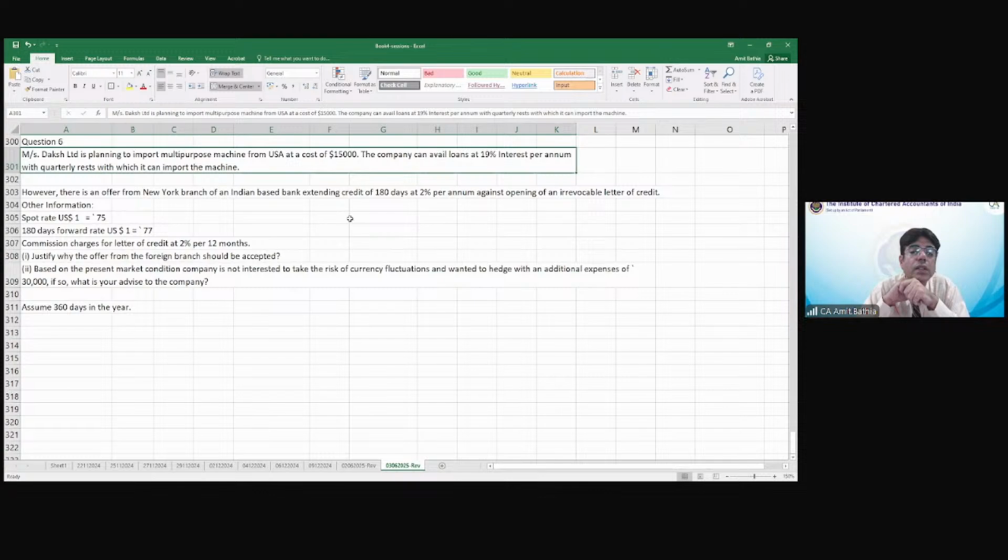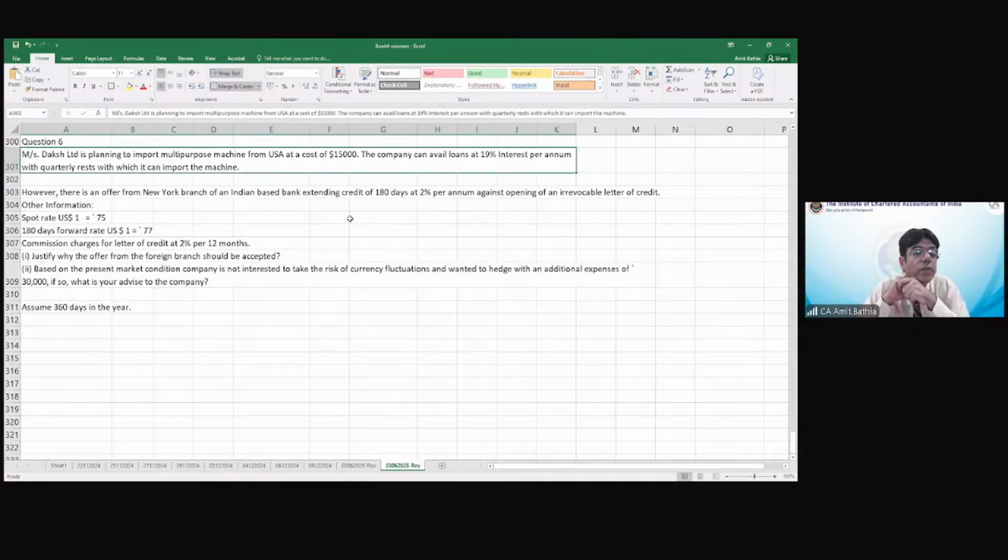Other information: spot rate is $1 equal to 75. 180 days forward rate is $1 equal to 77. Commission charges for letter of credit at 2% per 12 months.